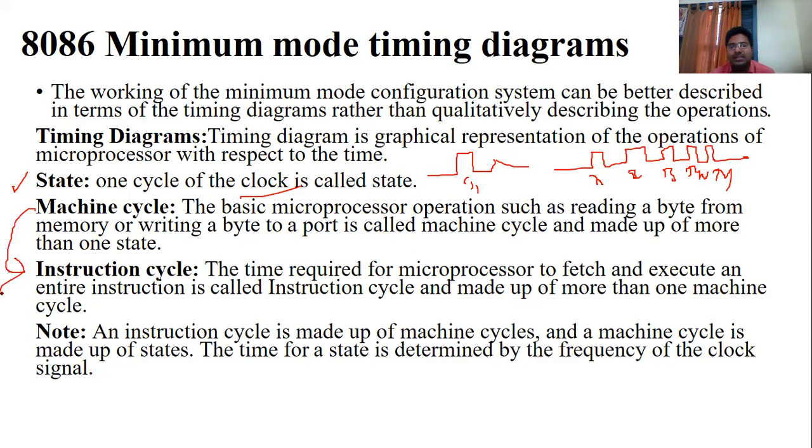The number of cycles required by the microprocessor to complete one instruction is called the instruction cycle. So whenever the microprocessor wants to perform one instruction cycle, it will require more than one machine cycle. Remember, more than one machine cycle.